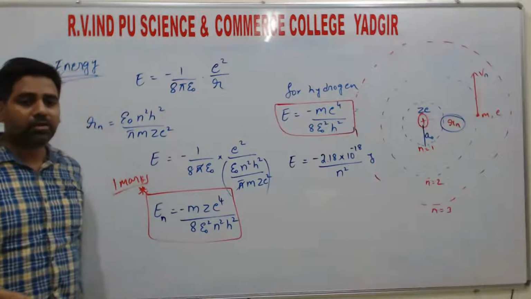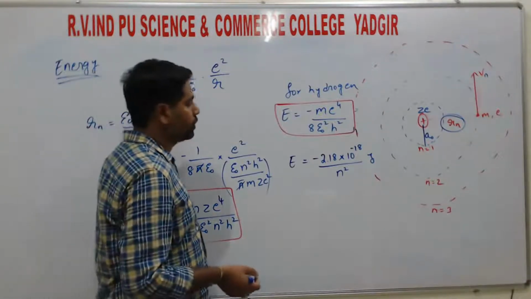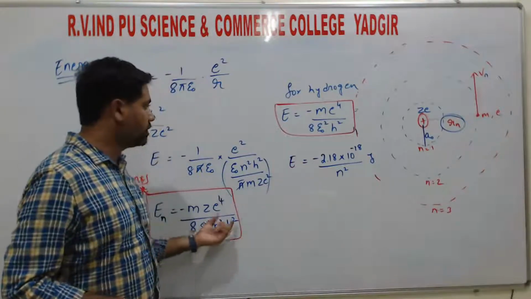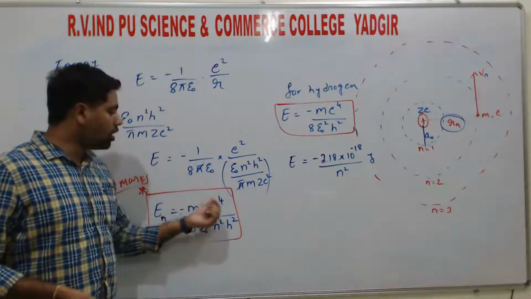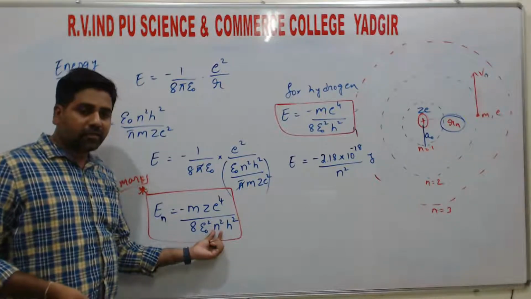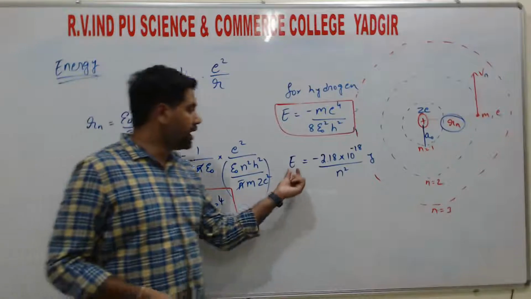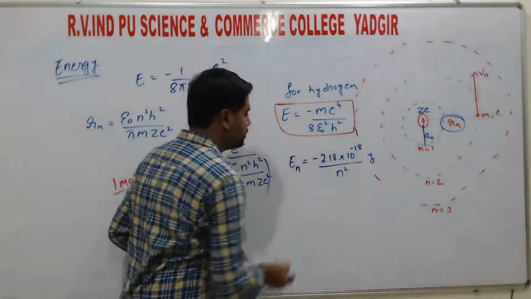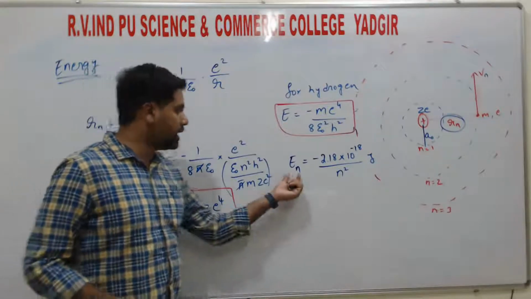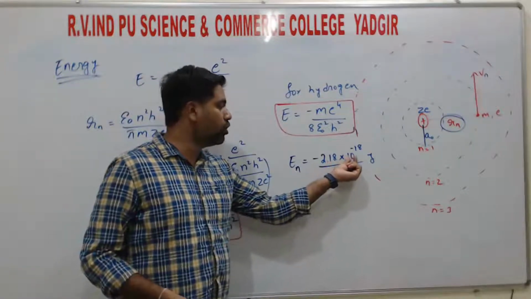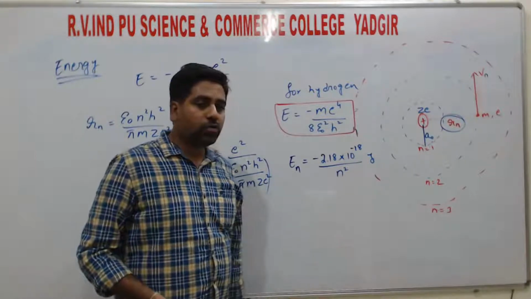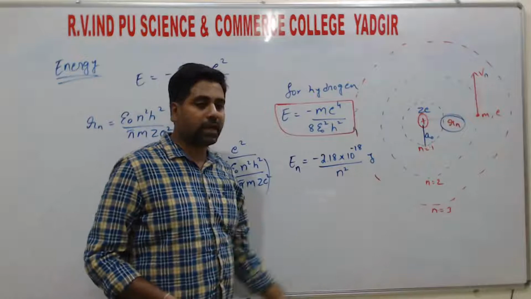Here we have n square, so this is for the energy of the atom, because all these values are constant. So energy is inversely related to n square. Then we get En. This is not only for hydrogen, it is the general formula: En is equal to minus 2.18 into 10 to the power of minus 18 divided by n square, in joules.